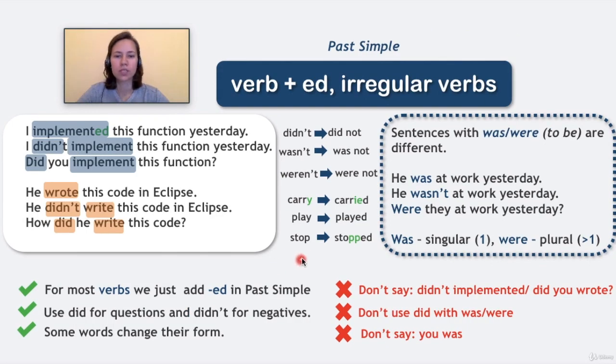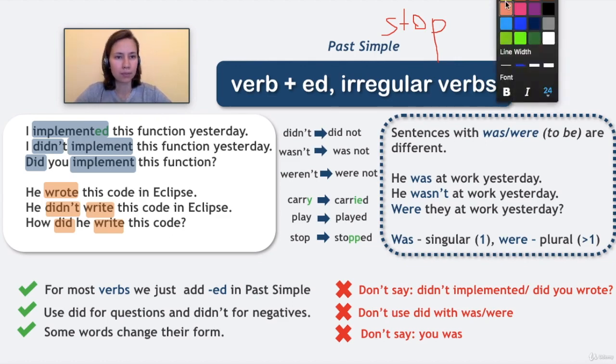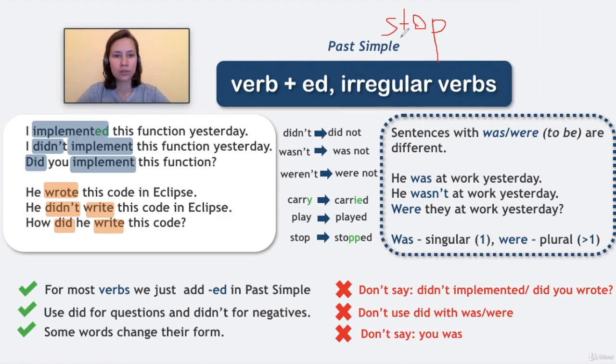And also, when the verb finishes with a consonant, sometimes you have to double the final consonant, like in this example, stop, stopped. When does it happen? Usually it happens when you have this thing at the end of the word. For example, the word stop, right? The end of the word consists of a consonant, then a vowel, and then a consonant again, which is sometimes called CVC.